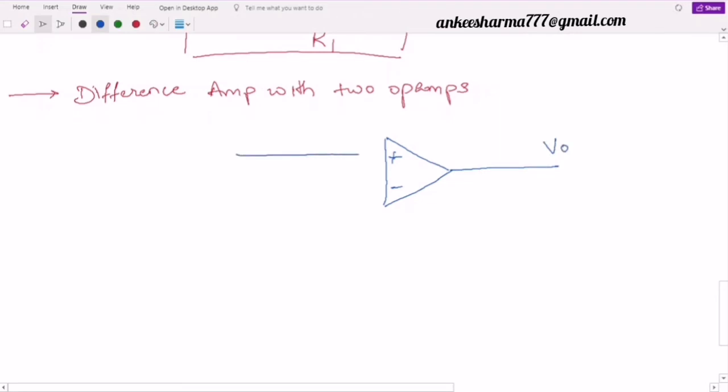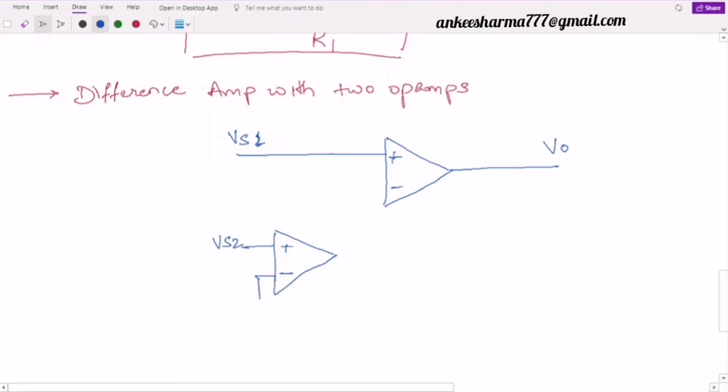Let this non-inverting input be Vs2. I'm going to take one more operational amplifier, with positive and negative terminals. And here let me take Vs1.